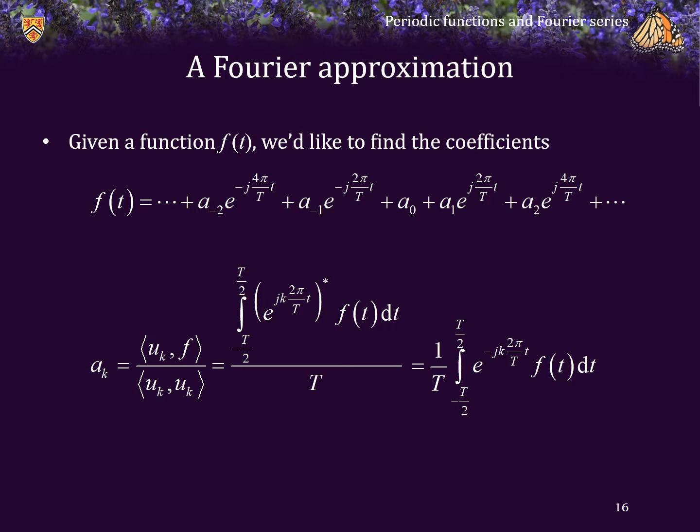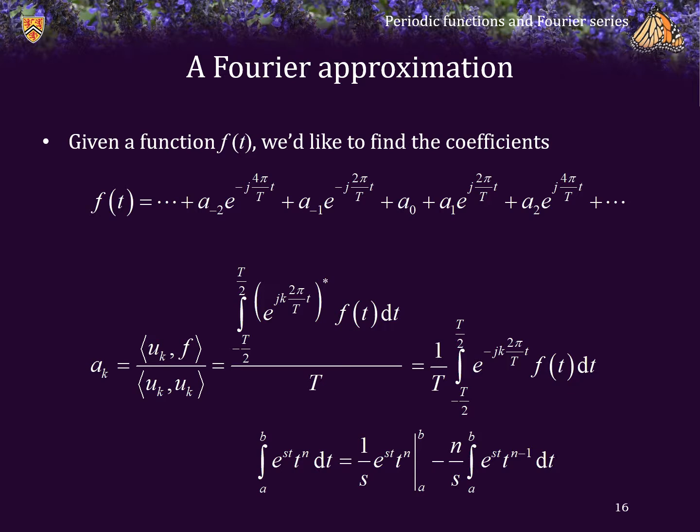Now, it still doesn't look nice, but it is an exponential times a function, and in many cases you can apply integration by parts to get a simpler solution. For example, if we're dealing with polynomials, integration by parts can be used to reduce the power or the degree of the polynomial.